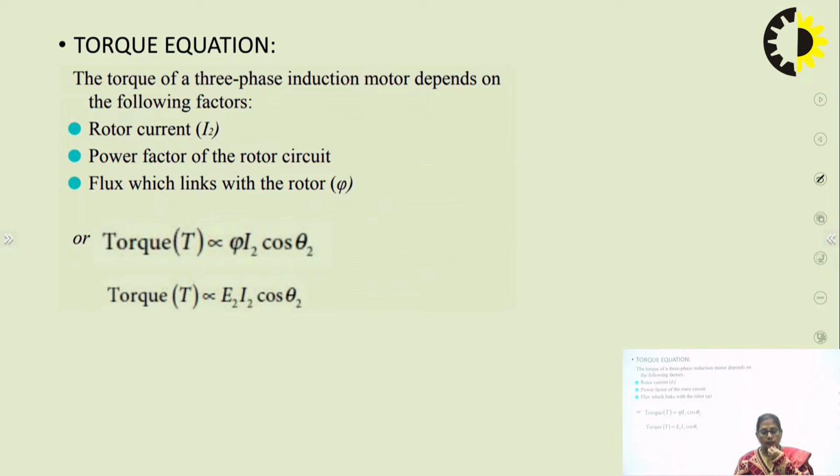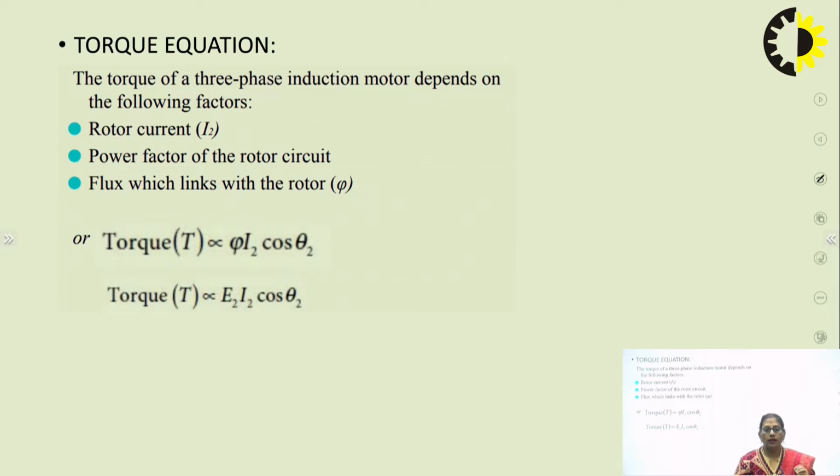The torque equation has a derivation, but in one glance, the torque of a three-phase induction motor depends upon three things. One is the rotor current under running condition, that is I2R. Second is the power factor of the rotor circuit, that is cos phi 2R.